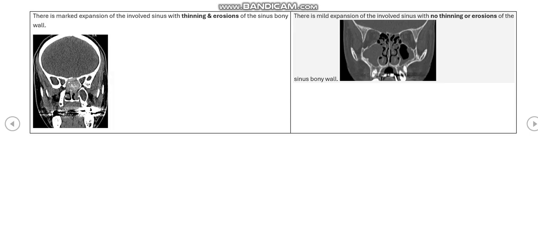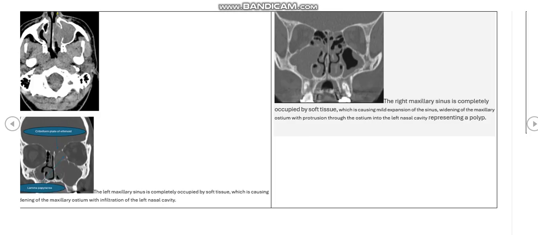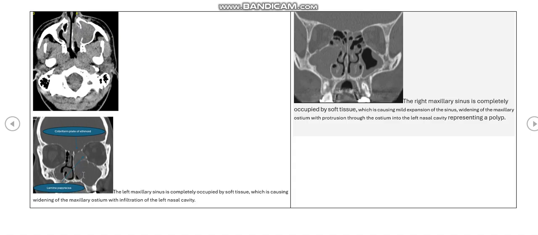This is only chronic allergic fungal sinusitis. The main problem of chronic allergic fungal sinusitis is the marked expansion of the sinus by the fungal material with thinning of its bony walls and even erosion.